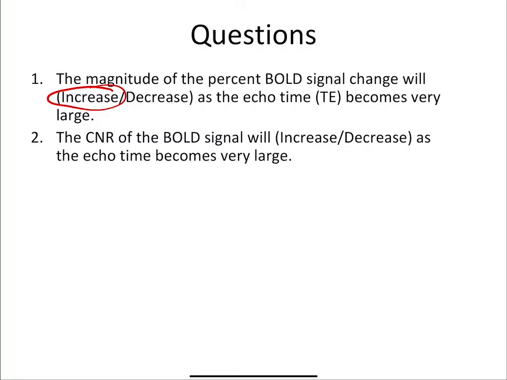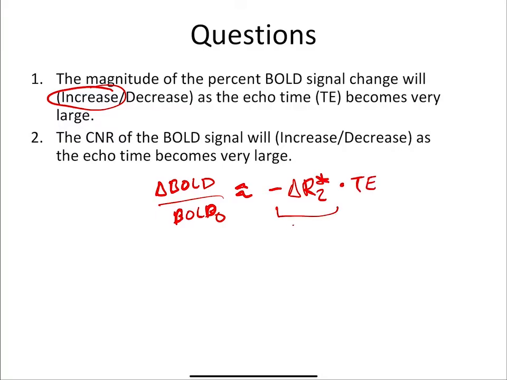So remember we said that the percent change, delta BOLD over BOLD, is approximately equal to minus delta R2 star times the echo time. Okay, and delta R2 star is typically negative, so this whole thing will be positive. So if I increase this echo time, the percent change is just going to get bigger and bigger. Okay, so it's going to increase.